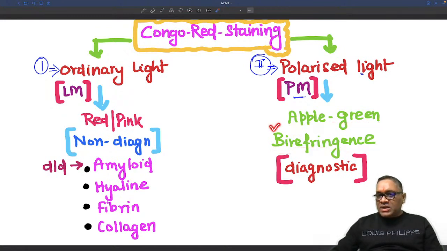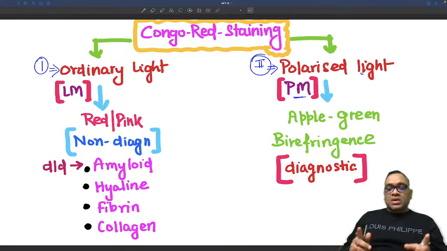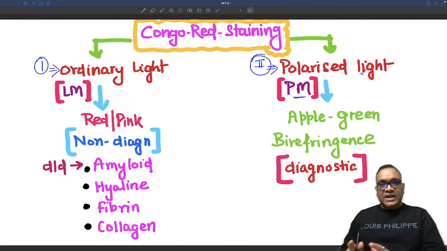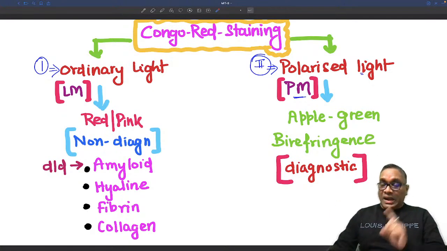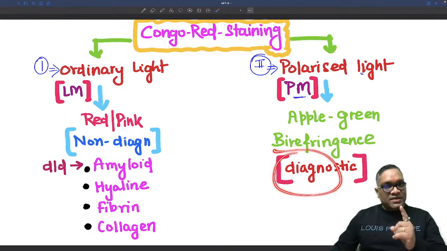This apple green birefringence will be diagnostic of amyloidosis. So whenever the examiner asks under which light Congo red will confirm the diagnosis: under polarized light, under polarized microscopy. And the appearance will be apple green birefringence.